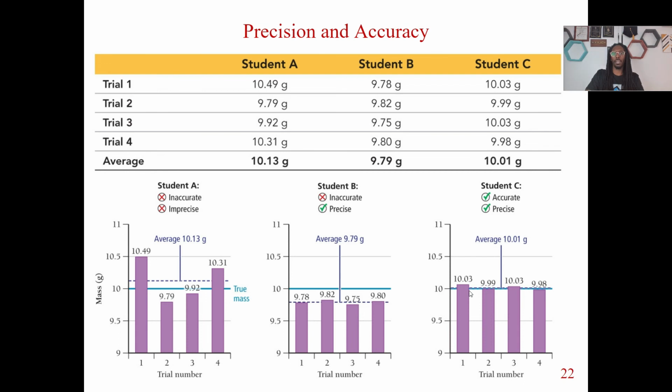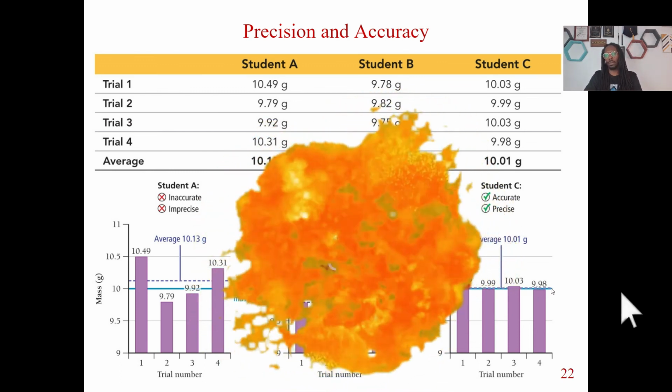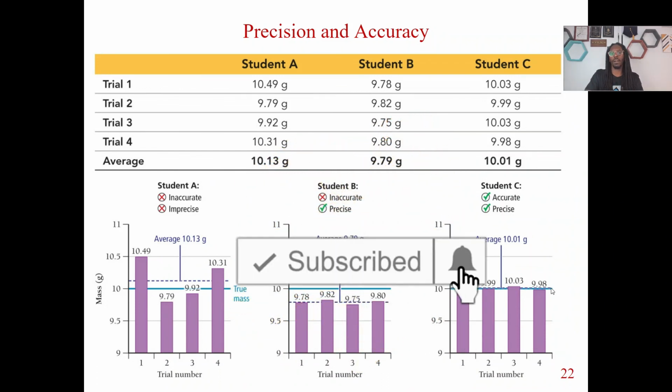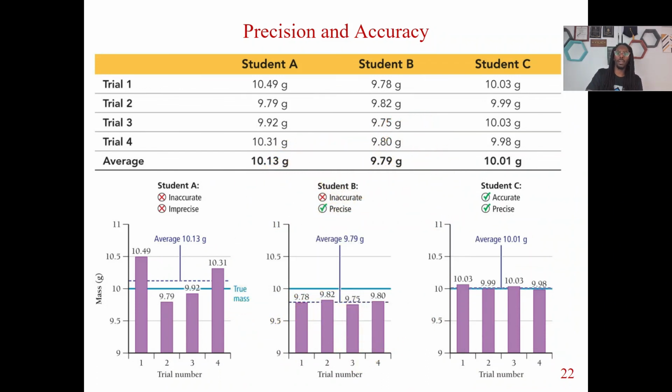They always hovered right around the 10 mark. Because they were hovering around that 10 mark, they're very accurate too. We wanted 10, and the average was 10.01. That's basically 10. So student C was accurate and precise.